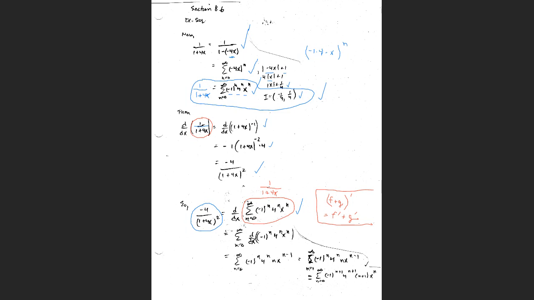So in our problem here, we're taking the derivative of a sum. It's an infinite series, but an infinite series is a sum. So the derivative of the sum is the sum of the derivatives.